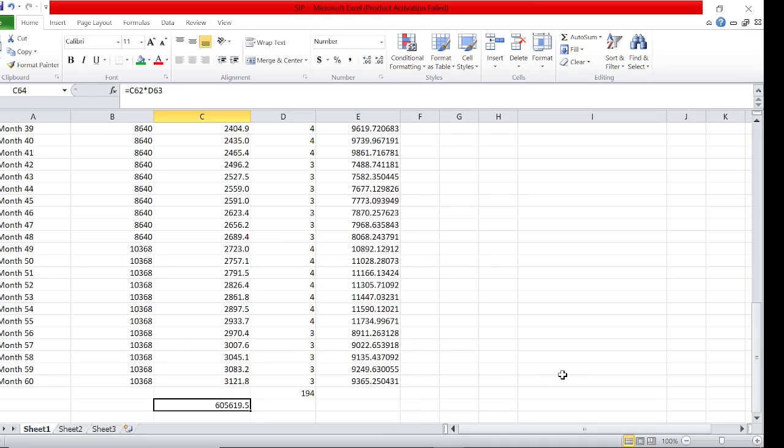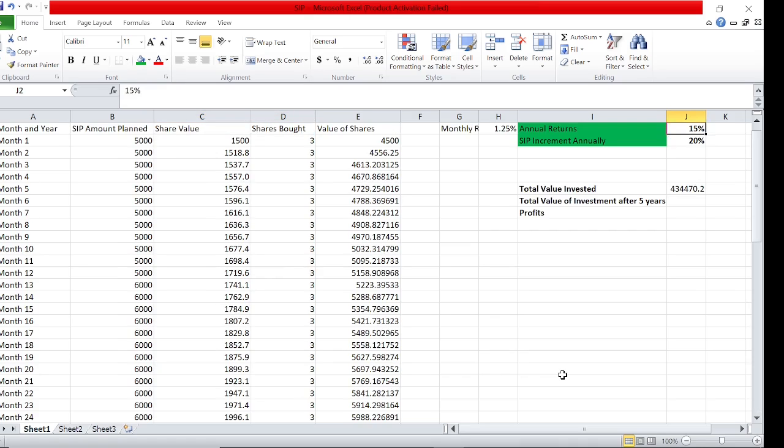So this is cell C64. I can just go up and reference that here. So 6,05,000. So what is the profits, this minus this, so do a subtraction. This is the value of our investment minus our value invested. We get a profit of about 1,71,000.